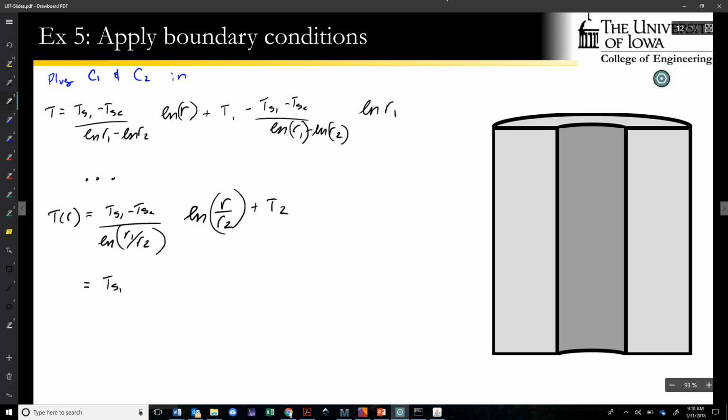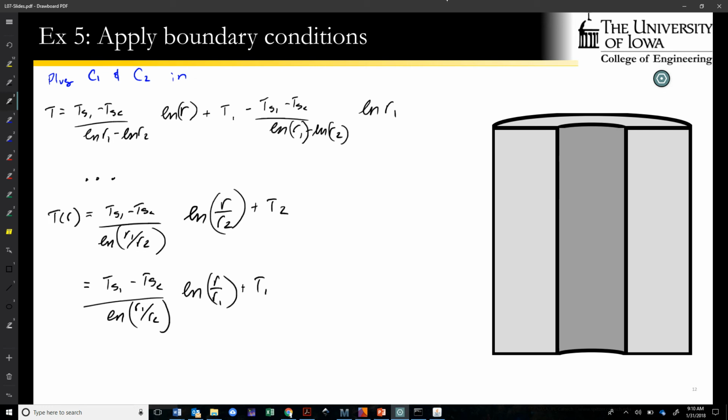Or, R1 over R2 ln of R over R1 plus T1. So we could use either our knowledge about T1 or T2 to find the particular solution.